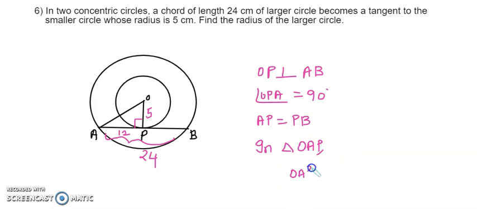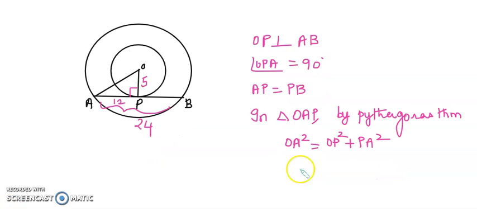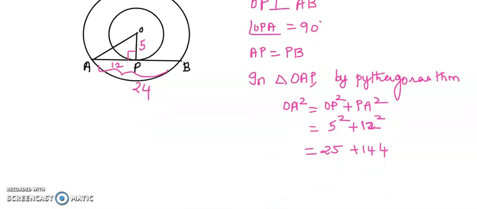That is OA square equals OP square plus PA square. So OA square we don't have; this is 5 square plus 12 square. That will give me 25 plus 144, right? And that will give me 169, so OA is 13.